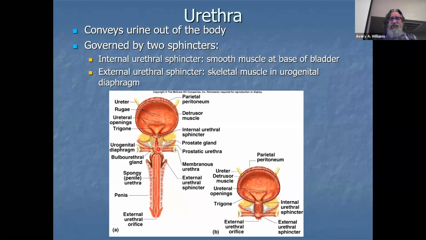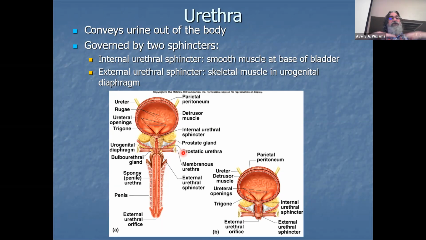And so the external urethral sphincter here and here, it's in the musculature of what they call the urogenital diaphragm. Urogenital diaphragm is the skeletal muscle that encloses the perineum, your crotch, all right? And basically where the urethra passes through that, there's skeletal muscle that crimps closed the urethra.